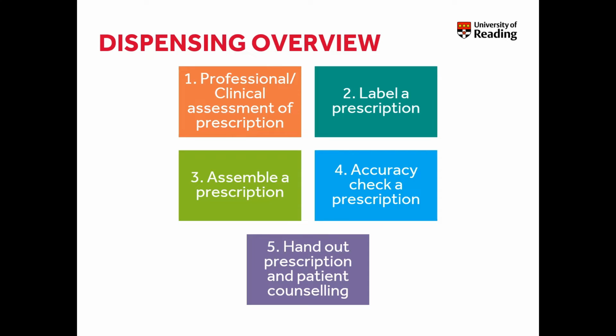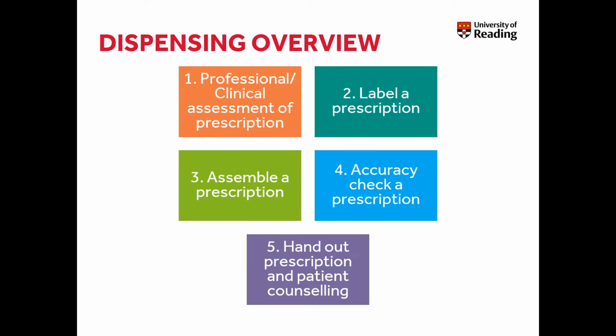Then you'll go ahead and label the prescription. You'll assemble it. You will then conduct an accuracy check to make sure it is dispensed and labeled correctly. You'll need to do both steps in the dispensing classes. Normally, in clinical practice in pharmacies, you might be doing this in a two-step stage, or you might have other people accuracy checking for you as well.